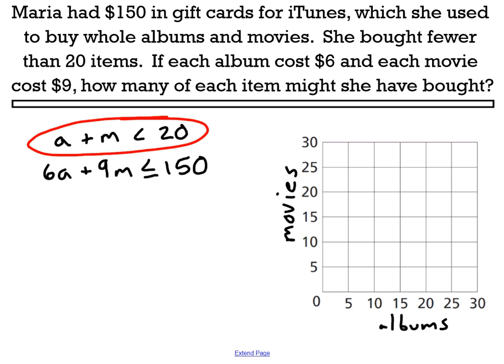On the other hand, if she bought 0 albums, she could buy 20 movies. That's based off our red circle right there, because we know she bought less than that. So it's going to be dashed. And then we have our other equation, which is going to be our blue equation.